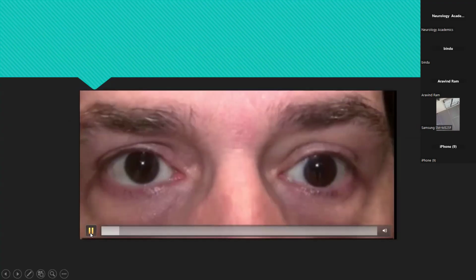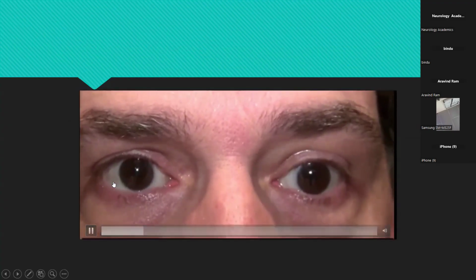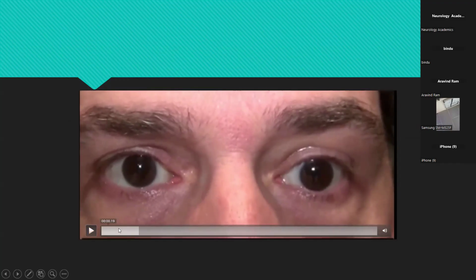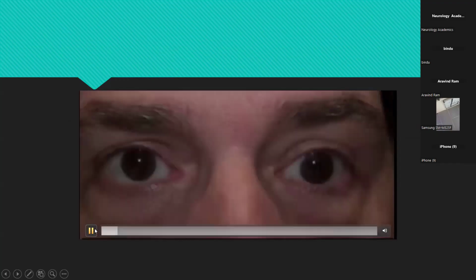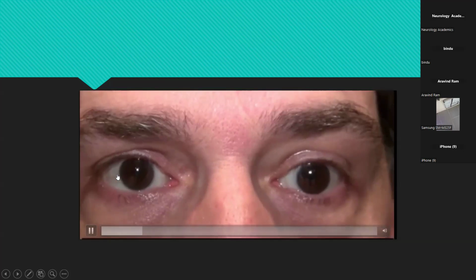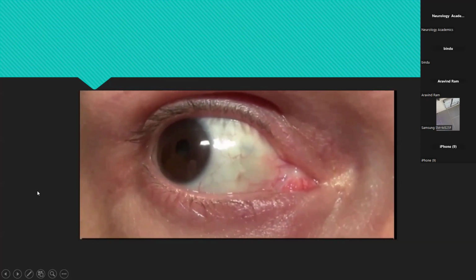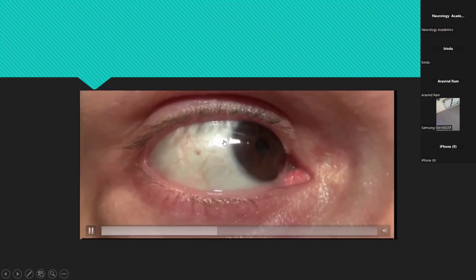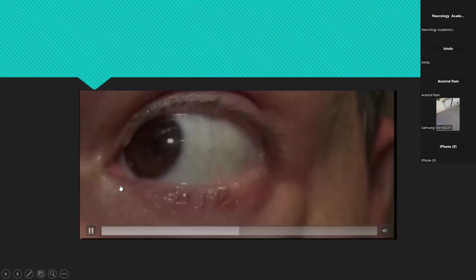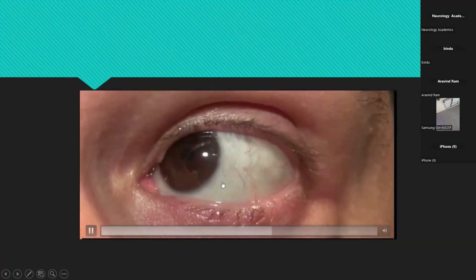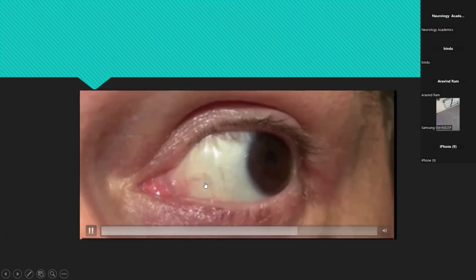If you can observe the conjunctival vessels closely, there is a cyclotorsion towards the left side, like in here or here. Only in the right eye, we can see that there is an intorting torsional nystagmus. And in the left side as well, there is an extorsion. Observe the conjunctival vessels.